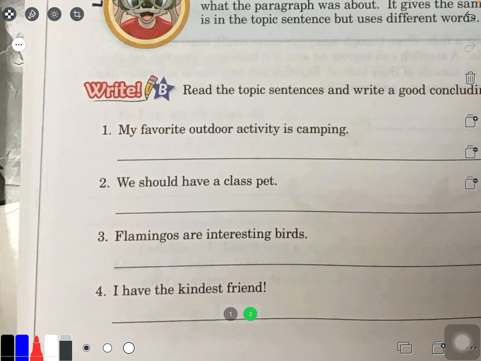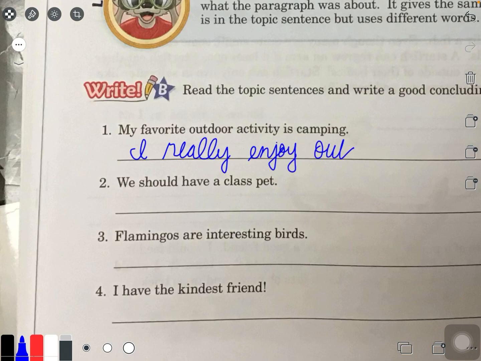So here, I can conclude the whole paragraph by saying, I really enjoy outdoor camping, right? That's basically summarizing the rest of the paragraph, the whole paragraph. So you can write something like, I really enjoy outdoor camping.